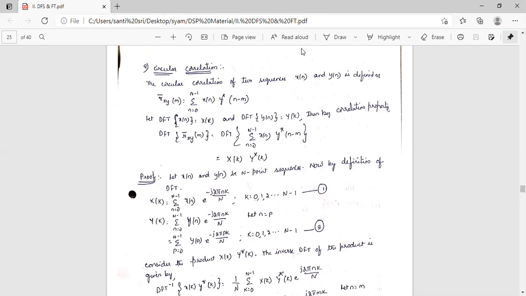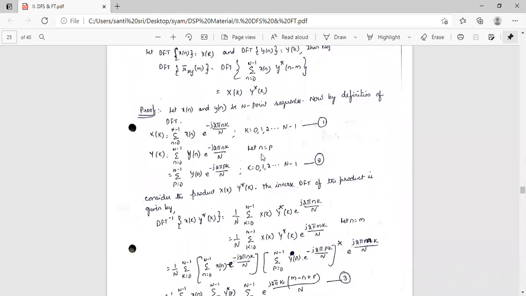Then by the correlation property, DFT of r bar xy of m is equal to DFT of sigma n equal to 0 to N minus 1 x of n into y star of n minus m, or it is nothing but X of k into Y star of k. Okay, let x of n, y of n be N point sequences.